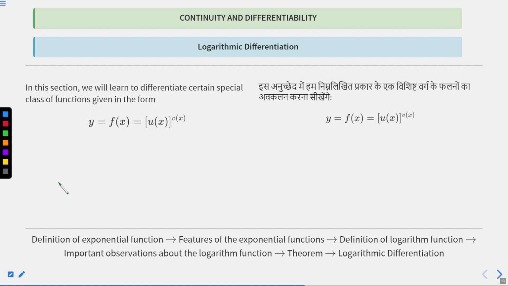In this part, we will learn to differentiate certain special classes of functions in this form.